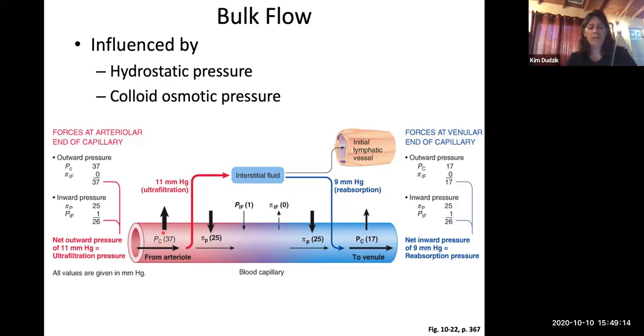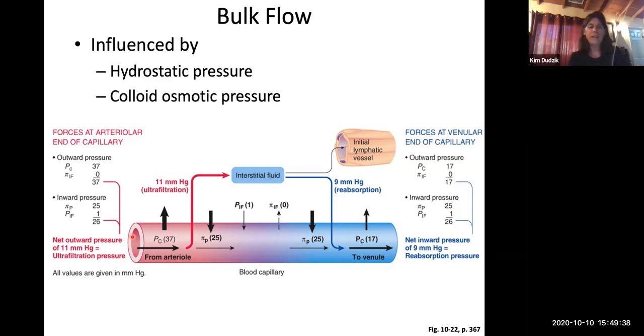So hydrostatic pressure, P sub C, is the pressure inside of the capillary bed. That's the pressure of the fluid, the blood, pressing against the inside walls of the capillary. We talked about that as blood pressure before in the arteries and the arterioles, right?